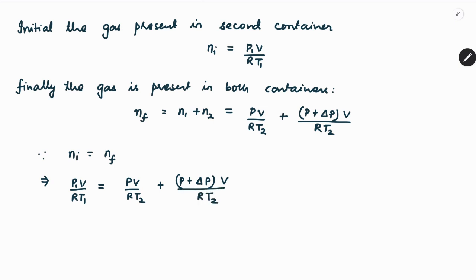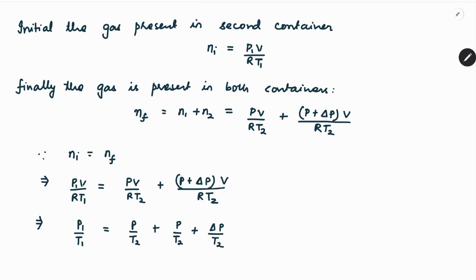So V and R being common on both sides, we can cancel them out and we get P1 by T1 equals P by T2 plus P by T2 plus delta P by T2.